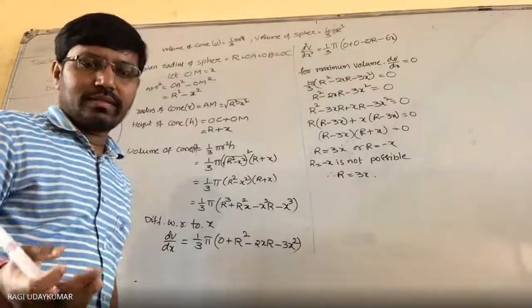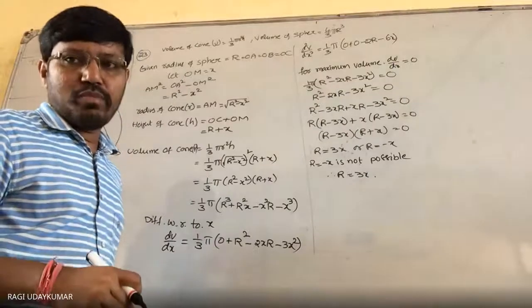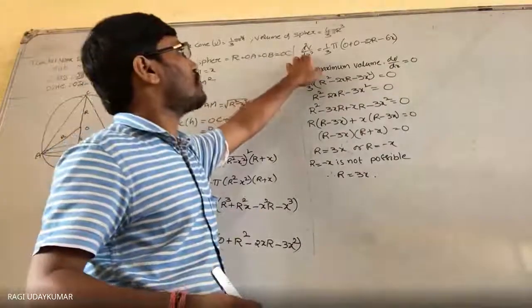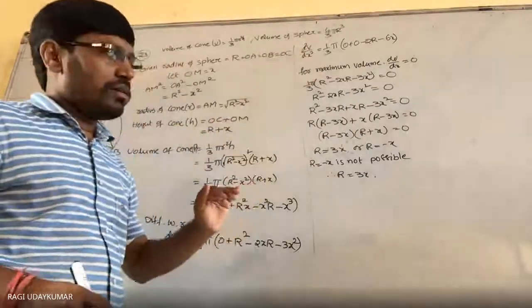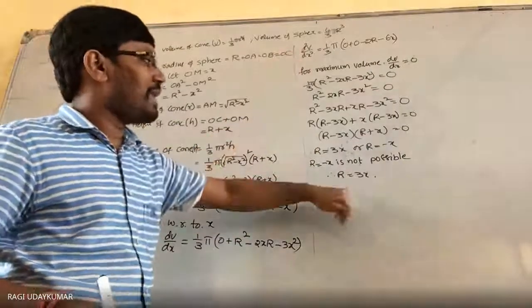When is r equal to 3x the maximum? When d square v by dx square is less than 0 at r equal to 3x.